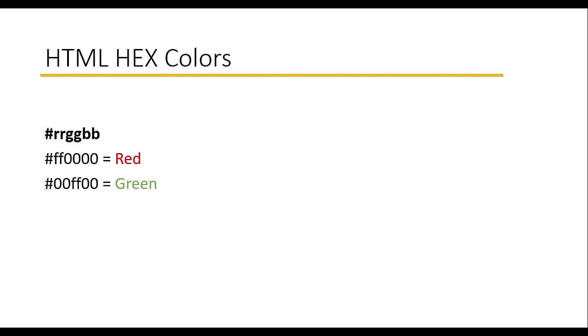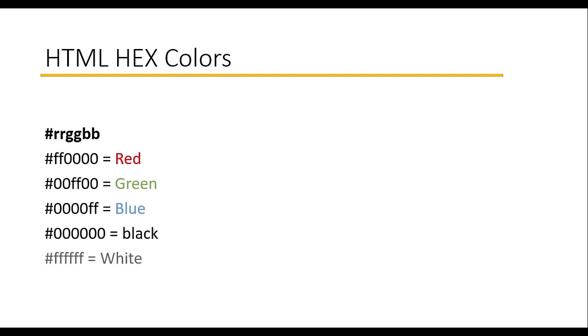And the second, you can see #00FF00, is displayed as green because green is set to its highest value, which is FF, and the two others are 0. And the last one, as you can see, blue has the highest value, that's why it's blue color. To display black, set all color parameters to 0, and to display white, set all color parameters to F.